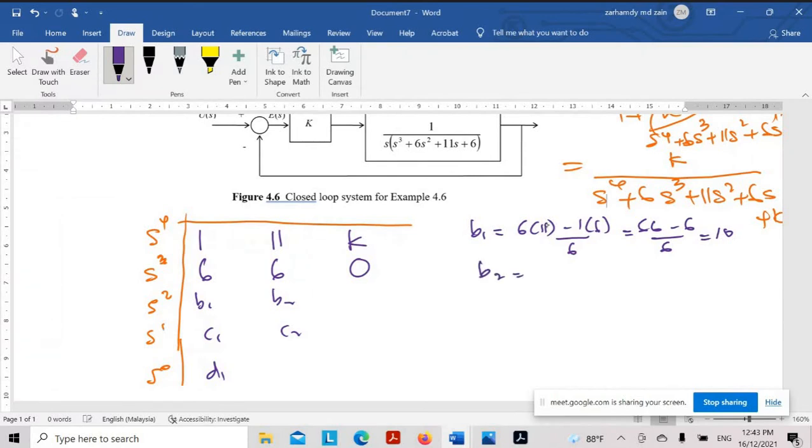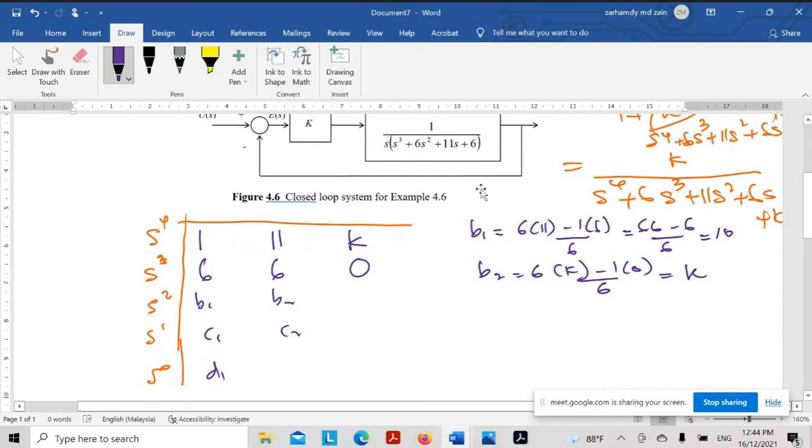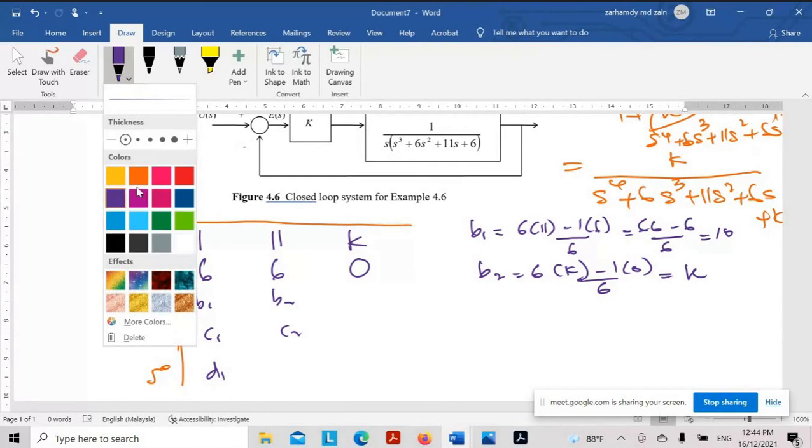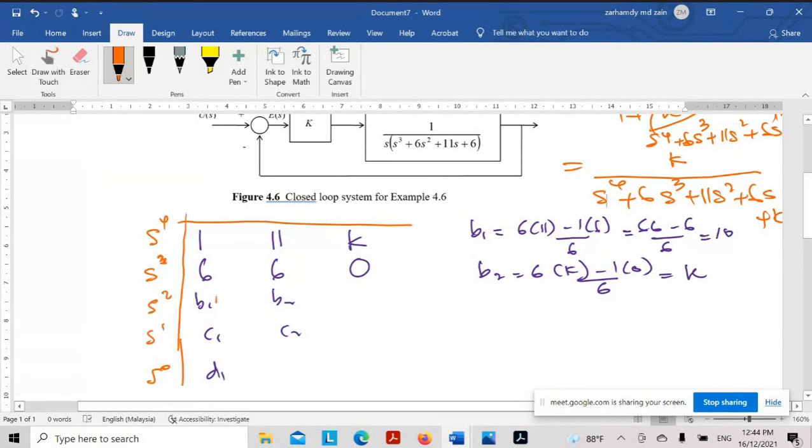For B2, 6 multiplied by K minus 1 multiplied by 0 over 6, so we have K. So we just put it into place. B1 is 10, B2 is K. Zafiq, same? What you did?